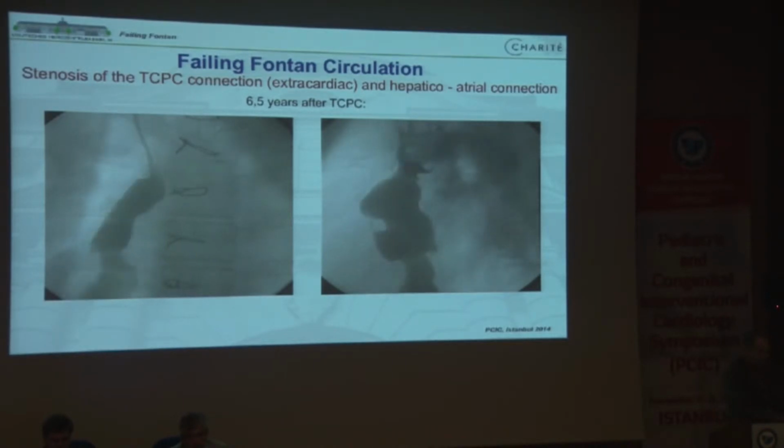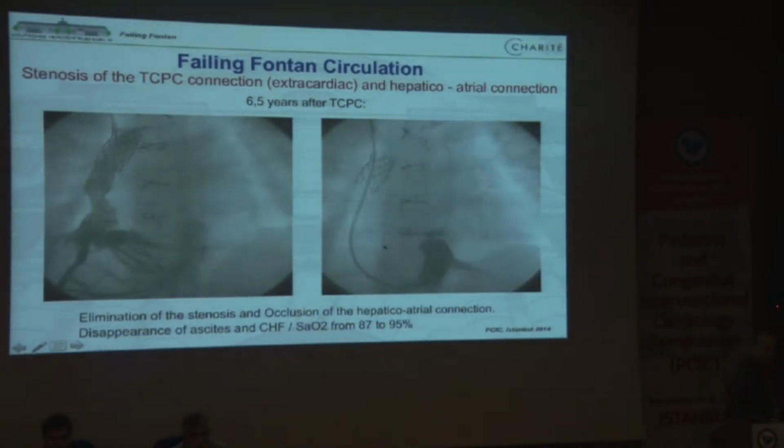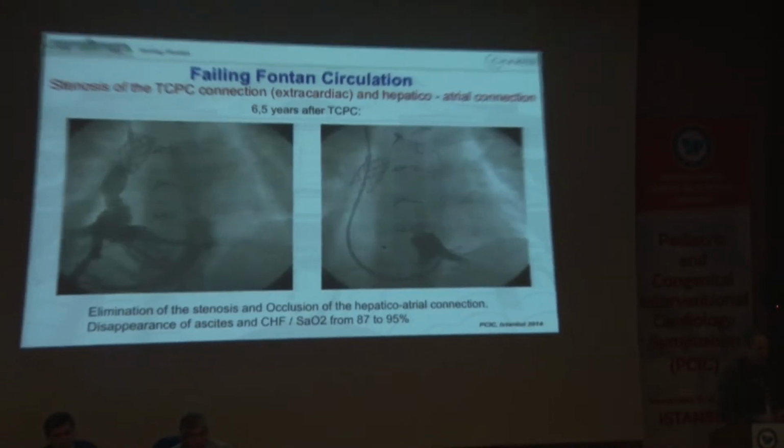Later on you see, after implantation of a stent in that part, which got rid of the stenosis and the gradient, that an intrahepatic venous collateral had formed with a connection to the left atrium, which also causes a problem. It could be managed with implantation of an atrial septal occluder in that connection to improve the forward flow of this Fontan modification to the pulmonary arteries.